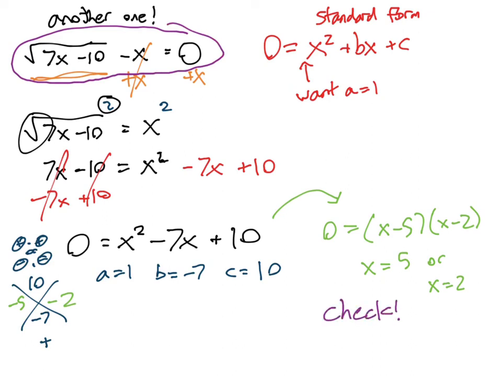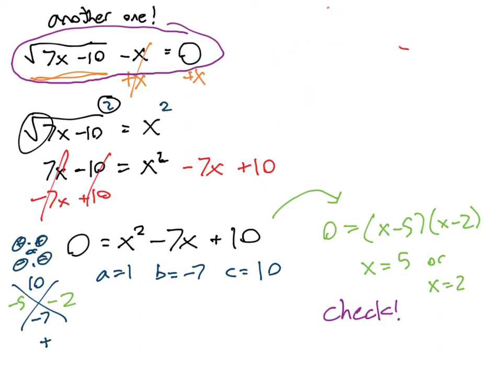So let's plug those answers back into that radical equation one at a time and check to see that they really work. Let's start with checking positive 5.